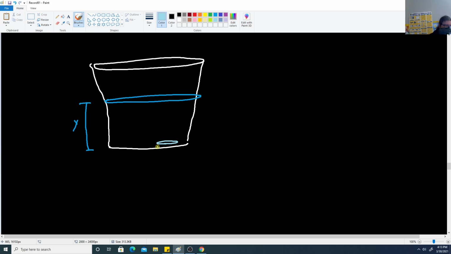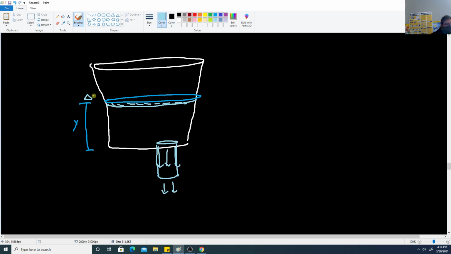There's a hole there, and so water is leaking out the hole. And if we view the water leaking out the hole, that will form a column of water coming out the bottom of the hole. And that column of water coming out the bottom is going to drop the water level over here.